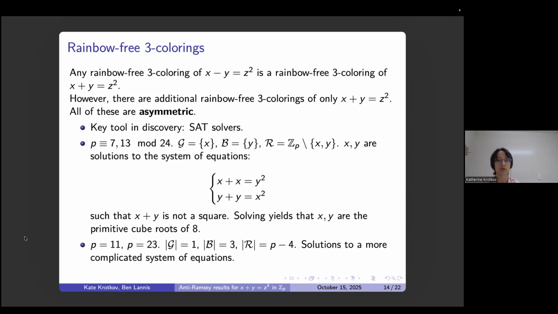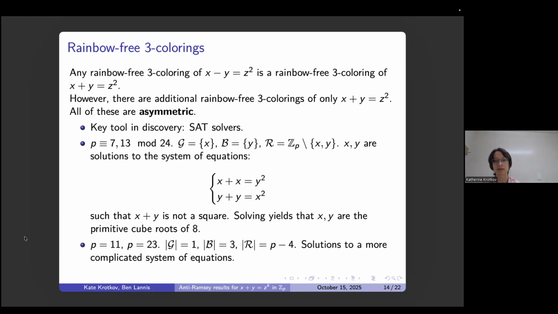And so that changes the question from coming up with potential examples of asymmetric rainbow-free three colorings from scratch, to a question of describing what we see the computer output, because we can be sure that that's all the rainbow-free three colorings that exist. And that's much easier. And using that, we discovered these two families of different types of asymmetric solutions.